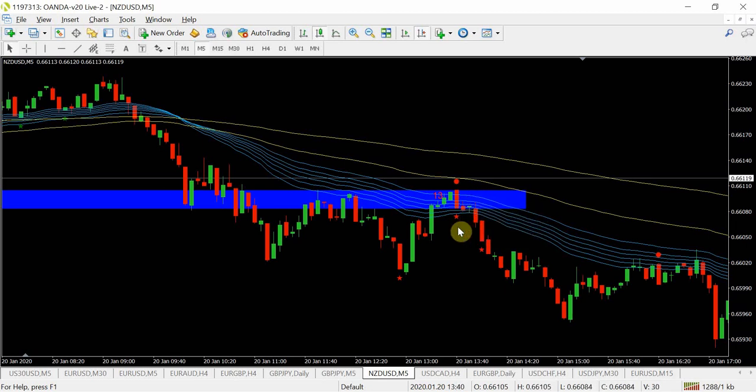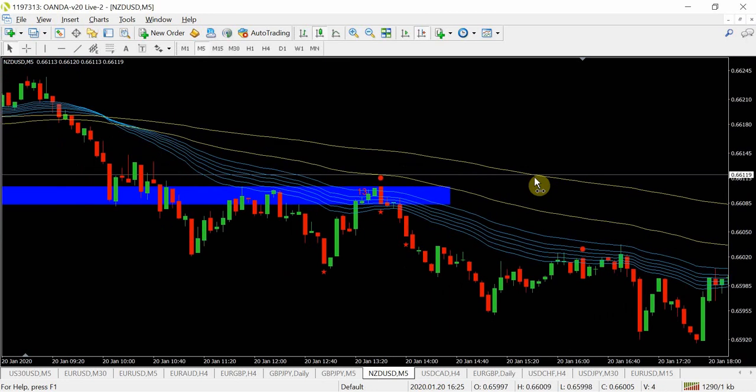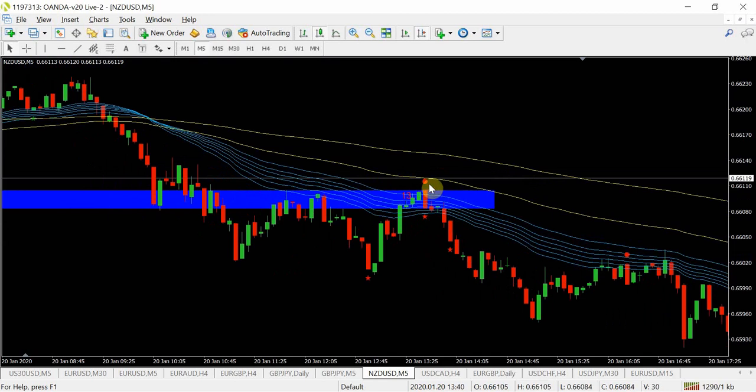So that to me is another indication that the long-term investors are potentially not respecting this uptrend or potential reversal, and potentially see it more as a pullback. So that's another reason why this potential sell opportunity is a good opportunity to have.